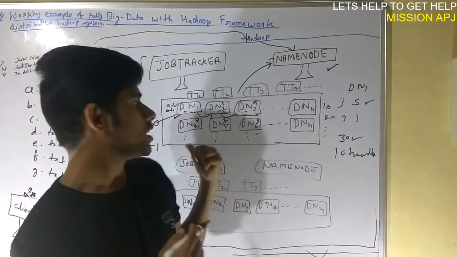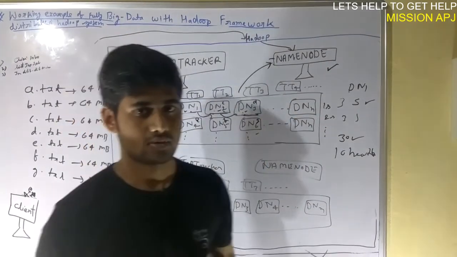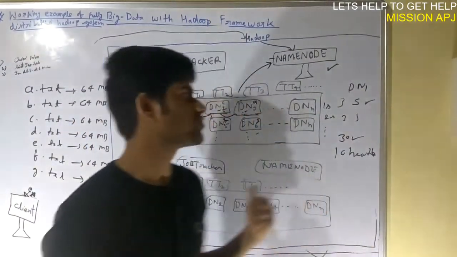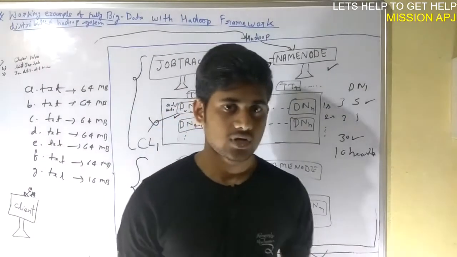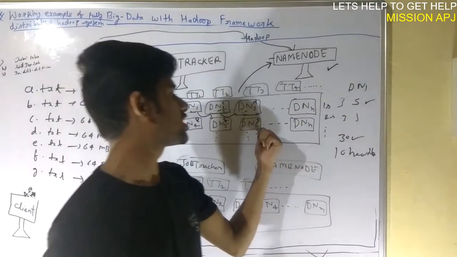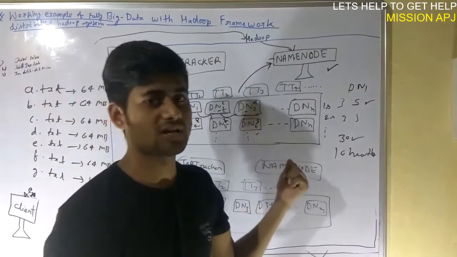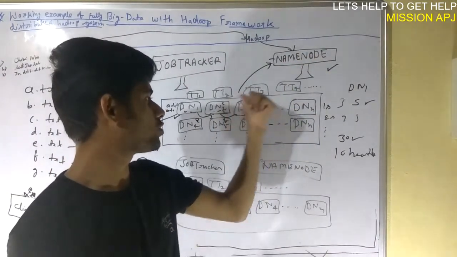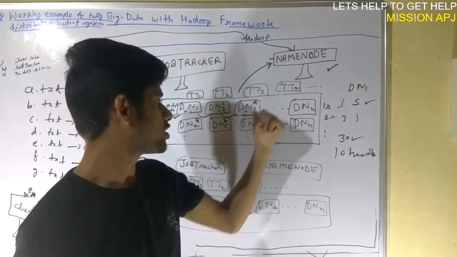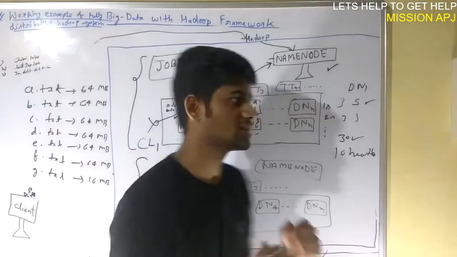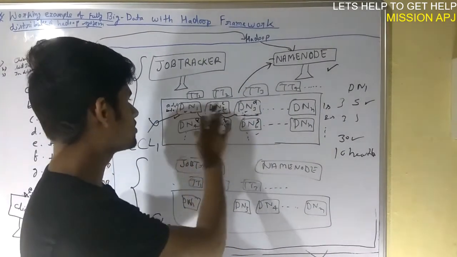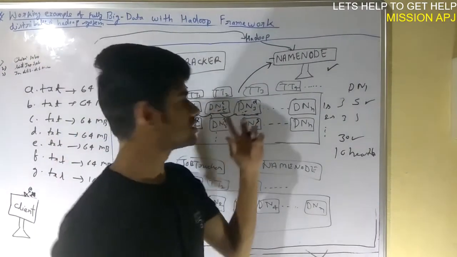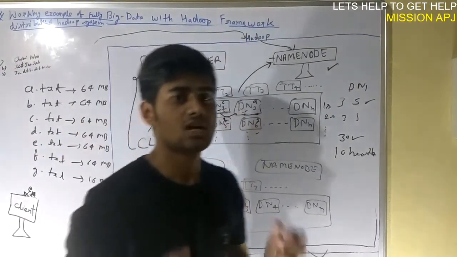Failure will be recovered in this way if a data node fails. The information is updated that data node 6 is the new copy of data node 1, and now the three copies are data node 2, data node 3 and data node 6. Suppose a.txt or b.txt will be here, here and here: in data node 2, data node 3 and data node 6, the copy of the data will be stored.